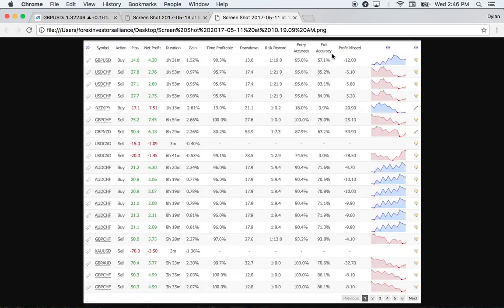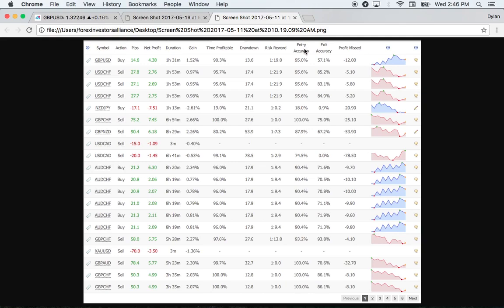And this is what I was able to do. These were the risk-reward ratios that were coming out of these trades. 1 to 19, 1 to 20, 1 to 21.